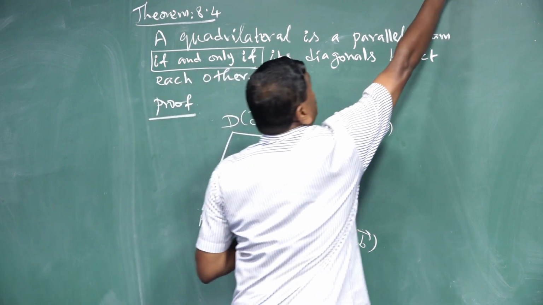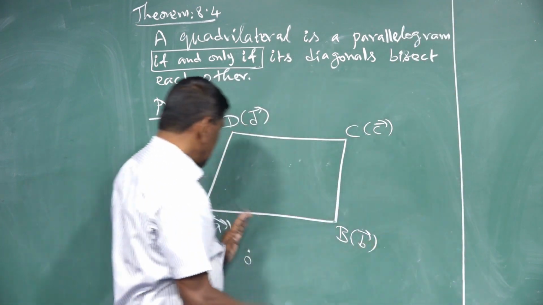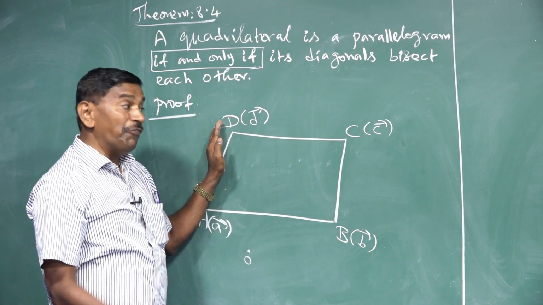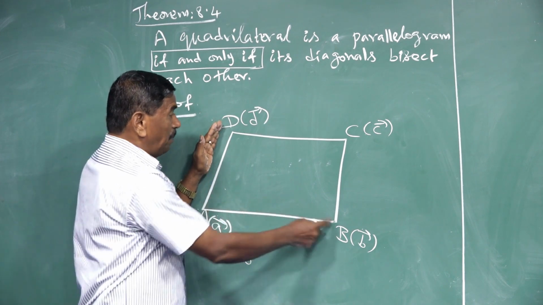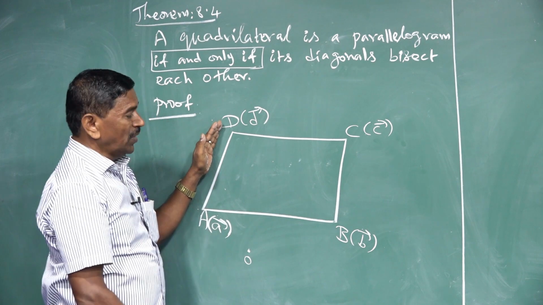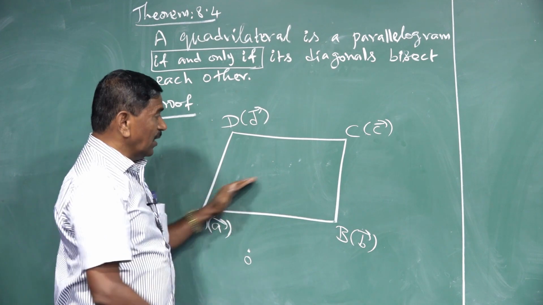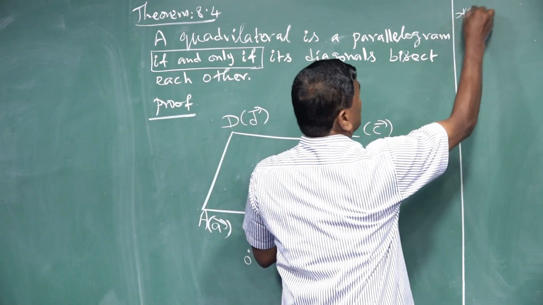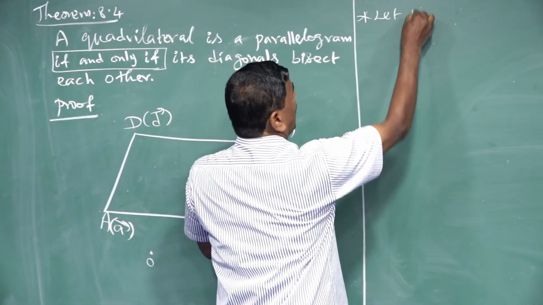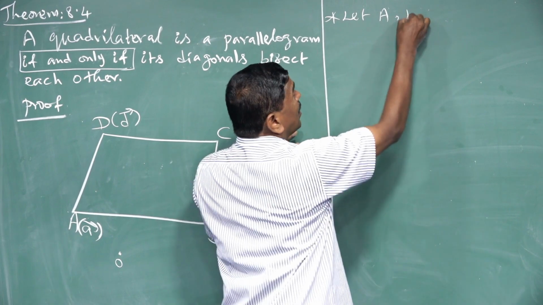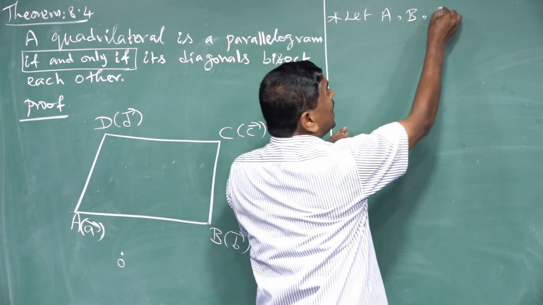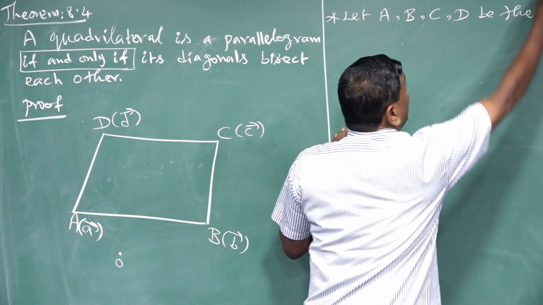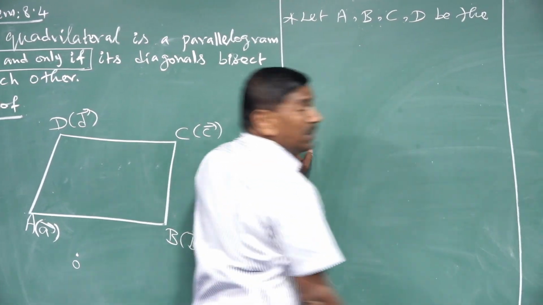Now listen to the theory question. Let A, B, C, D be the vertices of the quadrilateral ABCD with diagonals AC and BD. So which is the first line.